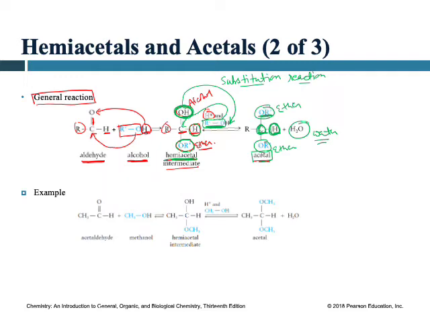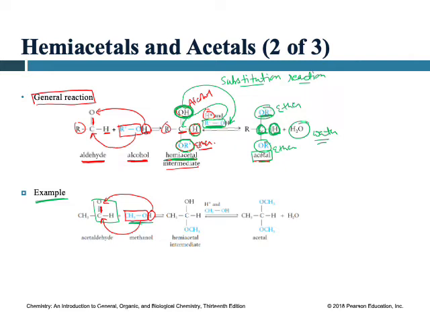So let's take an example over here. You have an aldehyde reacting with an alcohol. What's going to happen? The CH3O group of the alcohol is going to attack the carbon of the carbonyl group, and the hydrogen is going to attach to the oxygen, and one of the bonds is going to break because carbon can form just 4 bonds.